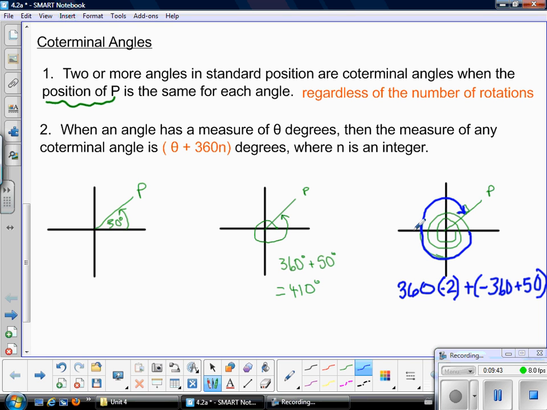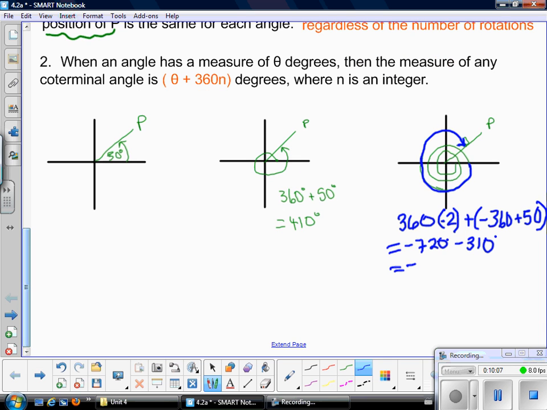All the way around would be 360, but we're going to take away 50. So we end up with this being negative 720, and this would come out to being negative 310 for a grand total of negative 1030 degrees. Okay, now you're saying, who would go around that many times?